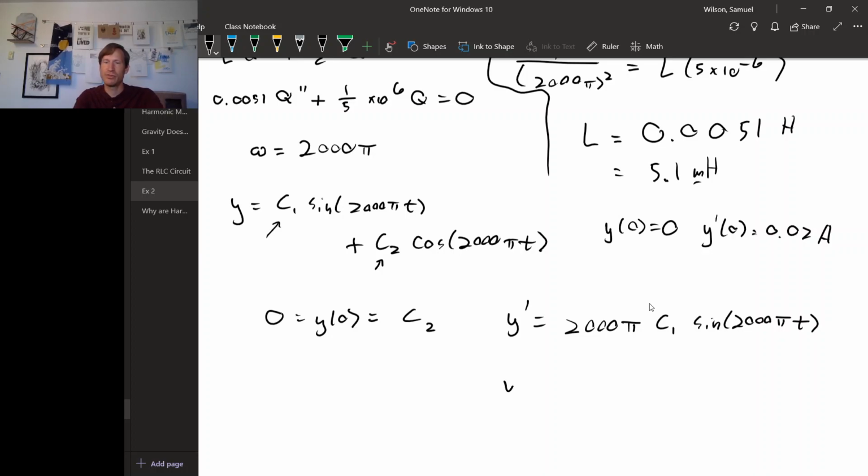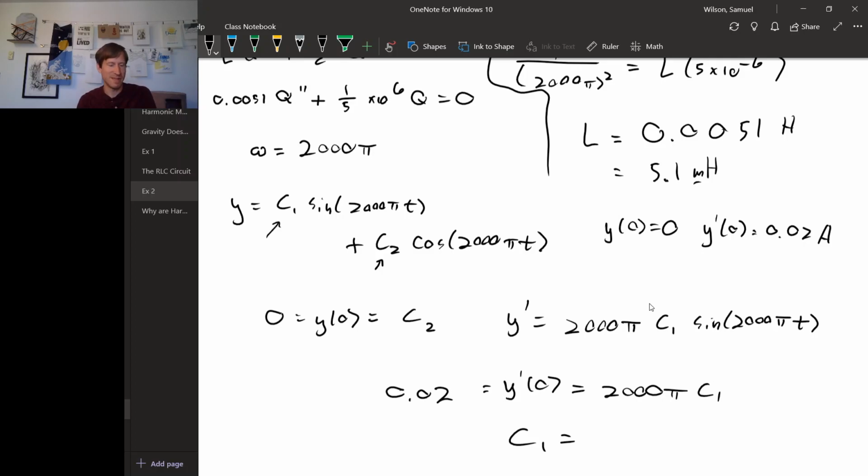And so now use the initial condition. Y prime of 0 is supposed to be 0.02. When we plug in t equals 0 into y prime, we get 2000 pi times c1. And so we can do the arithmetic to find c1.